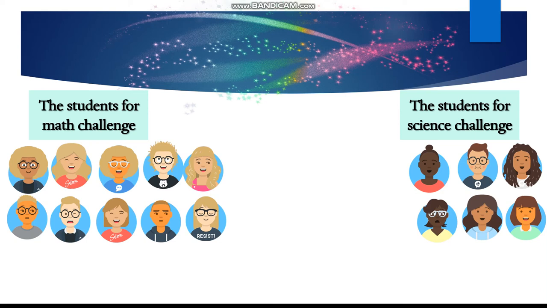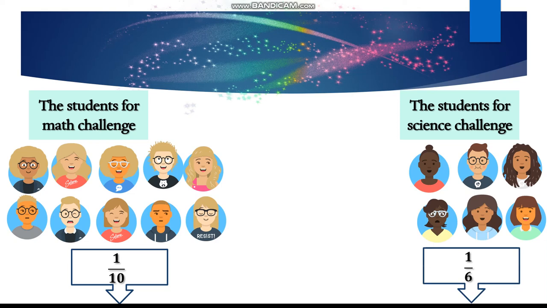So all students have the chance of, yes, 1 over 10. Let's talk about the students for the science challenge. Here, we have 6 students and one will be chosen for the science challenge. So all students here have the chance, which is probability, of 1 over 6.